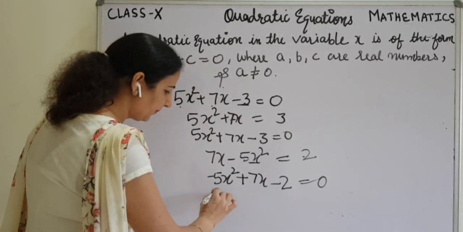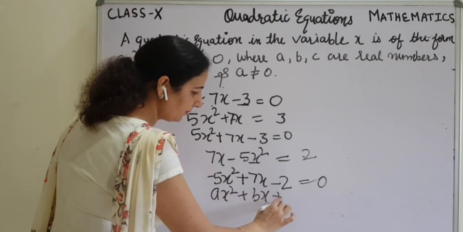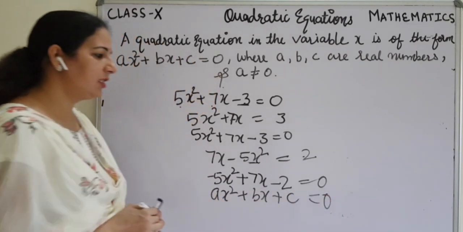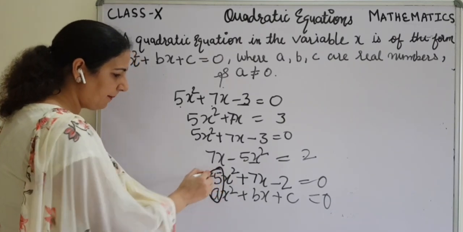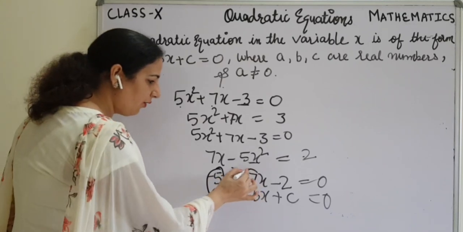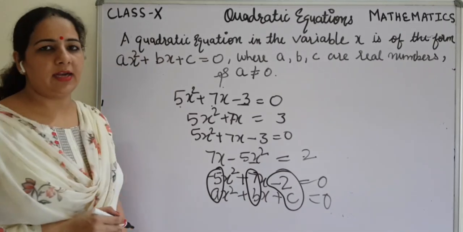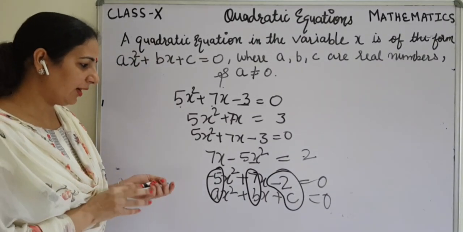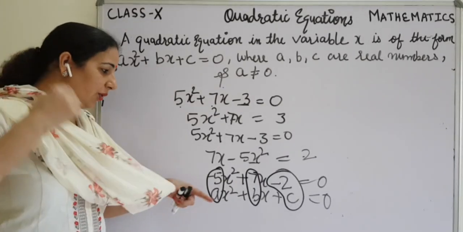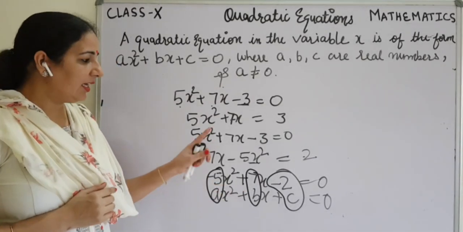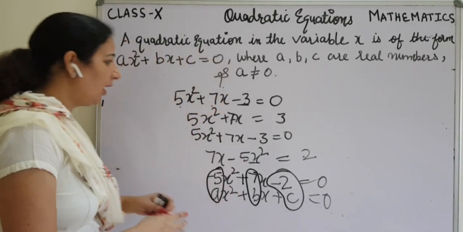The standard form is ax square plus bx plus c equal to 0. On comparing, the value of a is minus 5, the value of b is 7, and the value of c is minus 2. So for calculating the values of a, b and c by comparing, you have to write the given equation in standard form by arranging the terms.